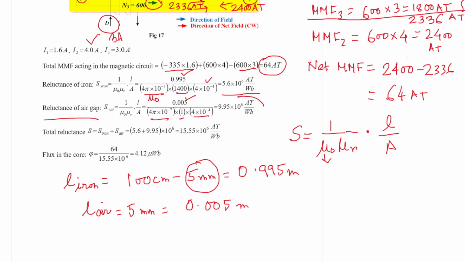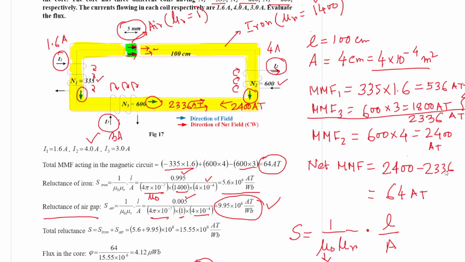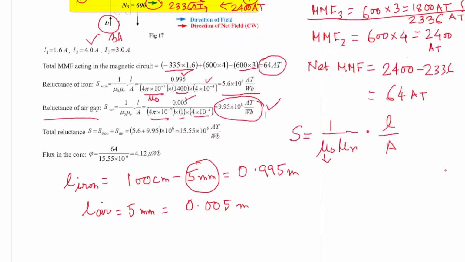So if you solve this, you will get 9.95 into 10 to the power 6 ampere turn per Weber. So basically this is a series magnetic circuit. So the total reluctance is the summation of the reluctance of iron and air. If you add these two, you will get 15.55 into 10 to the power 6 ampere turn per Weber.